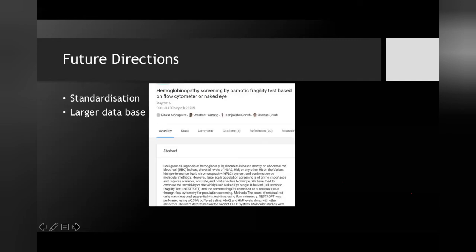Next, please. Flow-based osmotic fragility test has also been used; there is a publication here from 2016. They used FC OFT for the evaluation of hemoglobinopathy, basically alpha thalassemia. We all know that alpha thalassemias are difficult to diagnose because they cannot be diagnosed using HPLC.